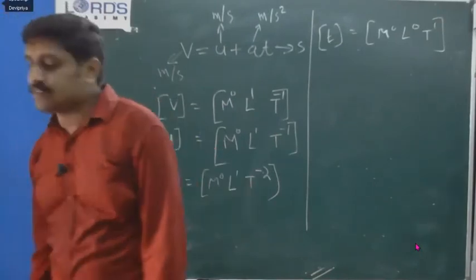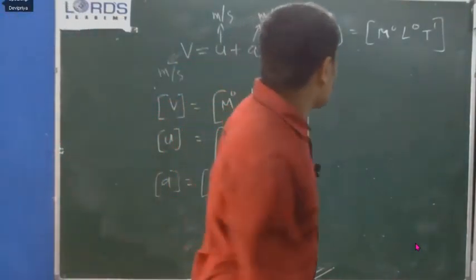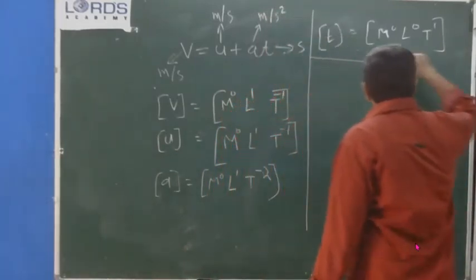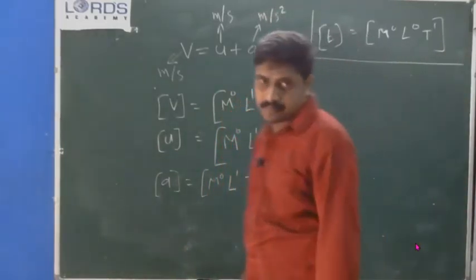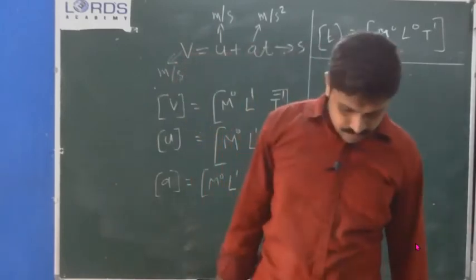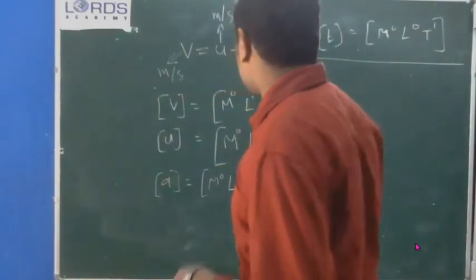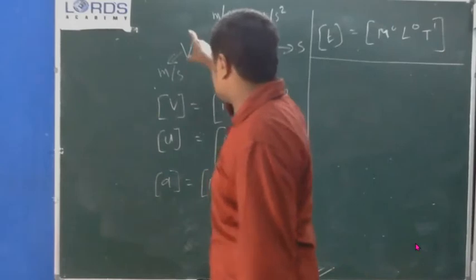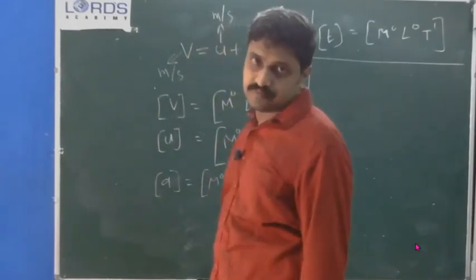Okay, fine. Okay, students, so hope all of you, your first step is over. Just find the dimension formula of each term. Your next step, instead of each term, just substitute the dimension formula.